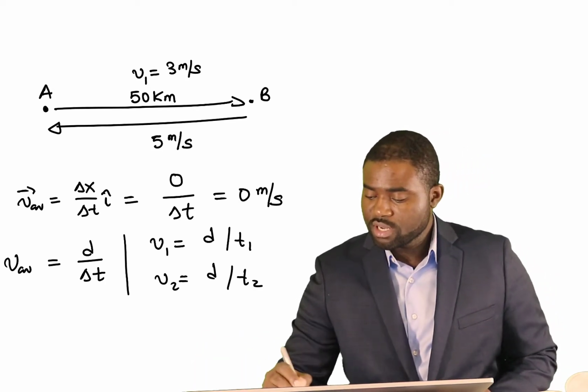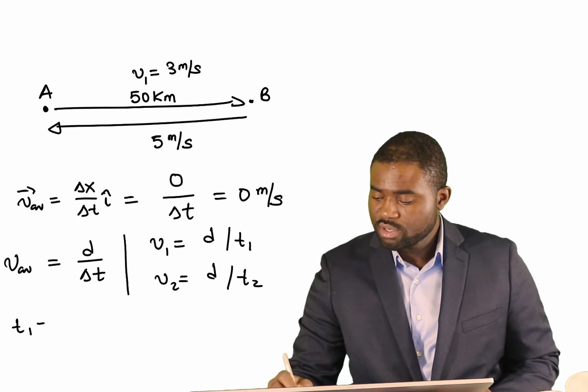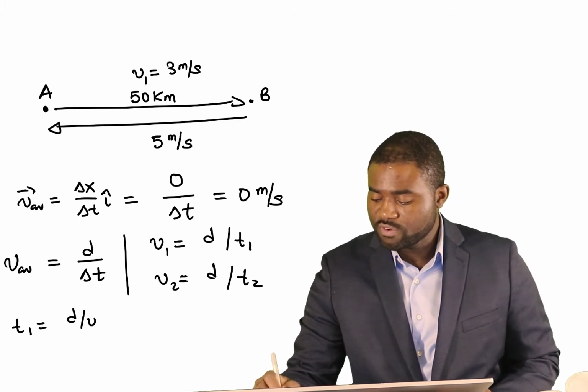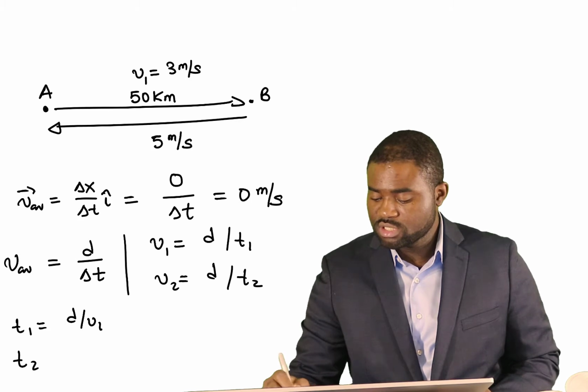This would mean that T1 will be equal to D over V1, and T2 will be equal to D over V2.